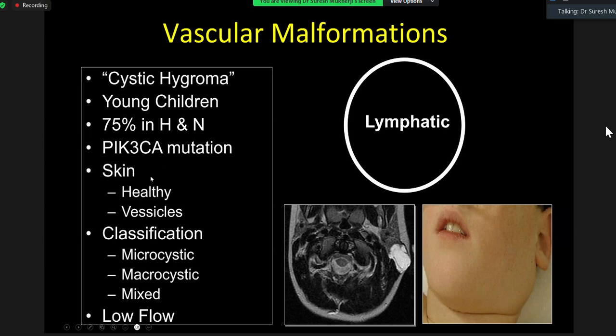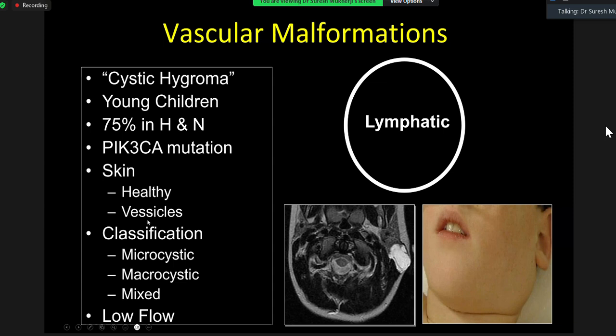Now, clinically, these can present as a subcutaneous mass or a submucosal mass. And the skin can either be healthy, or sometimes, because this is a vascular malformation, it can affect the lymphatics. And sometimes the lymphatics can result in small little benign vesicles.